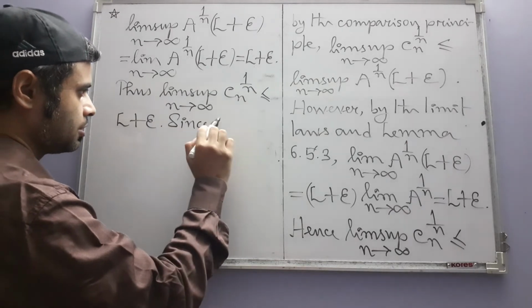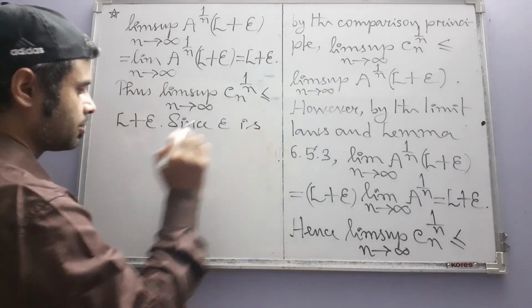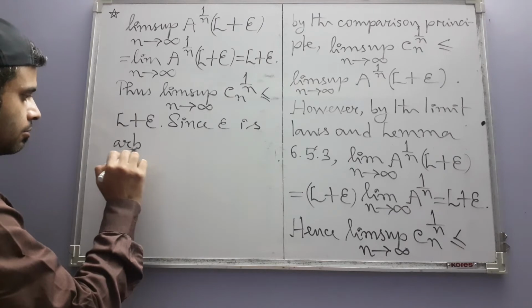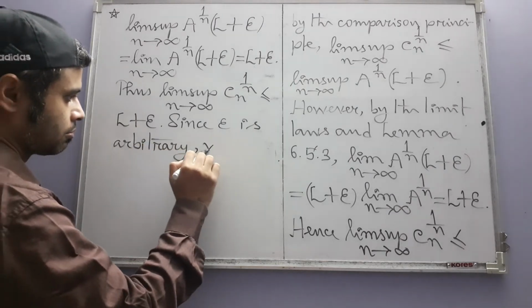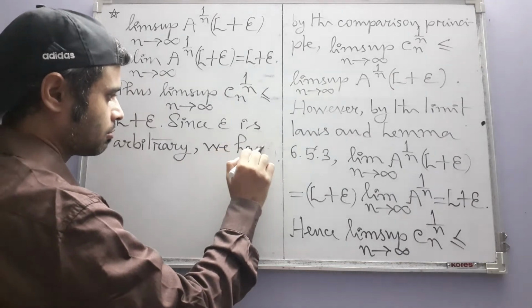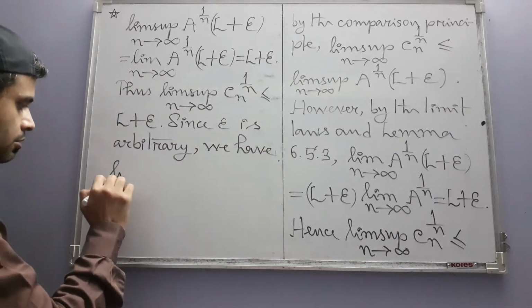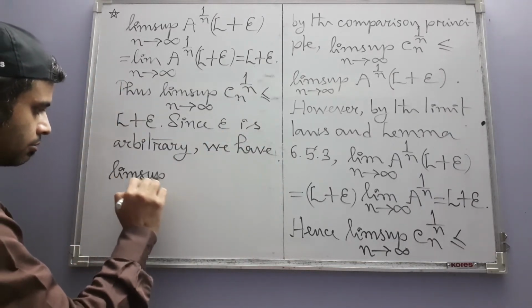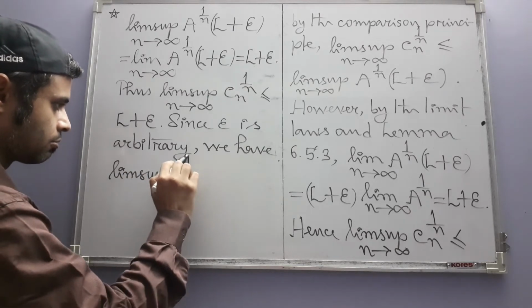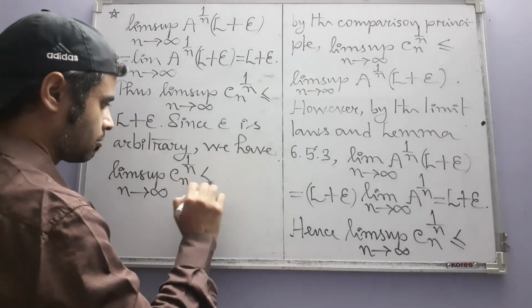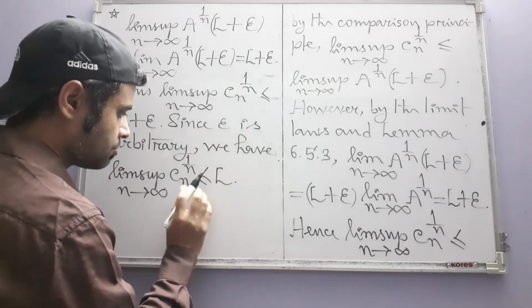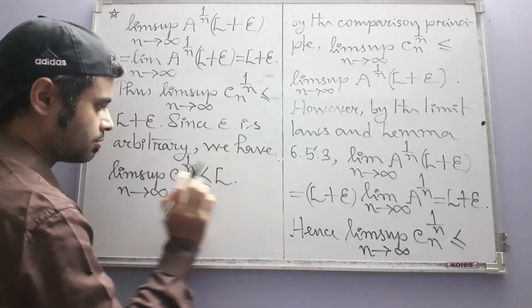Now finally, since epsilon is arbitrary, we have this inequality. Which is what we wanted to prove.